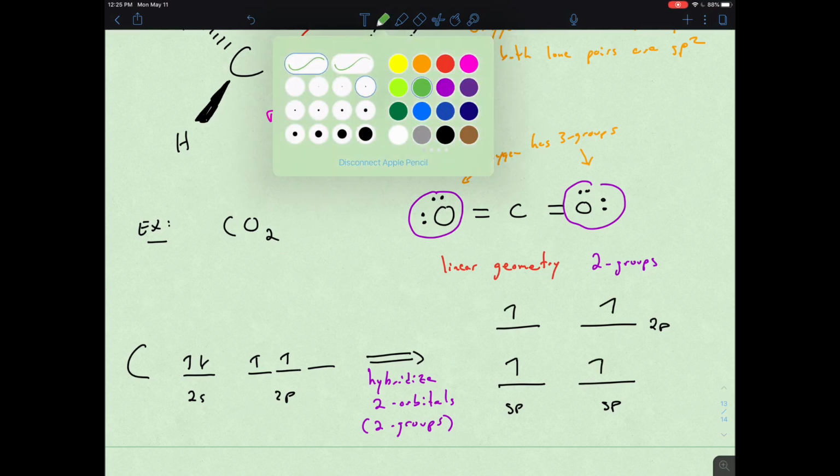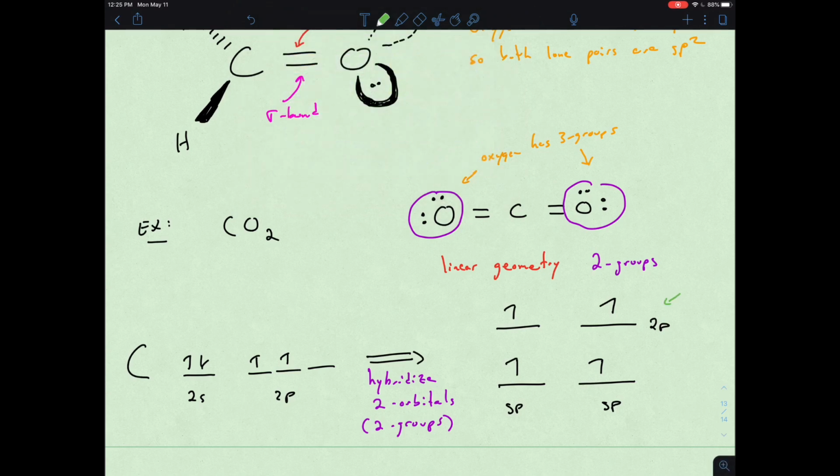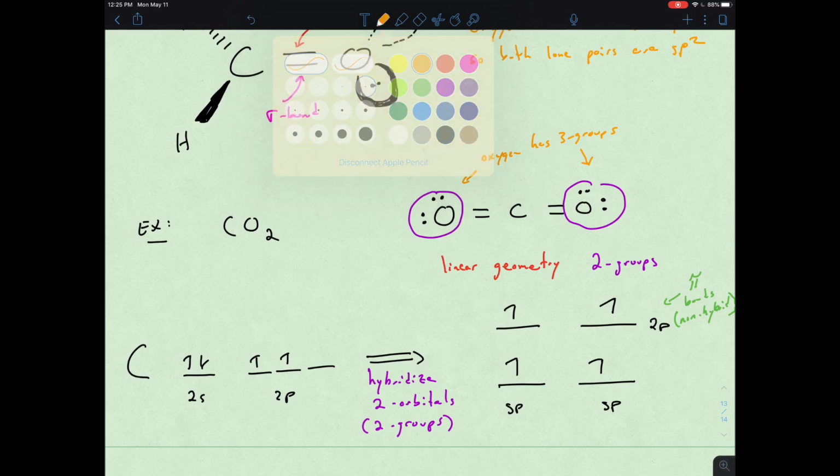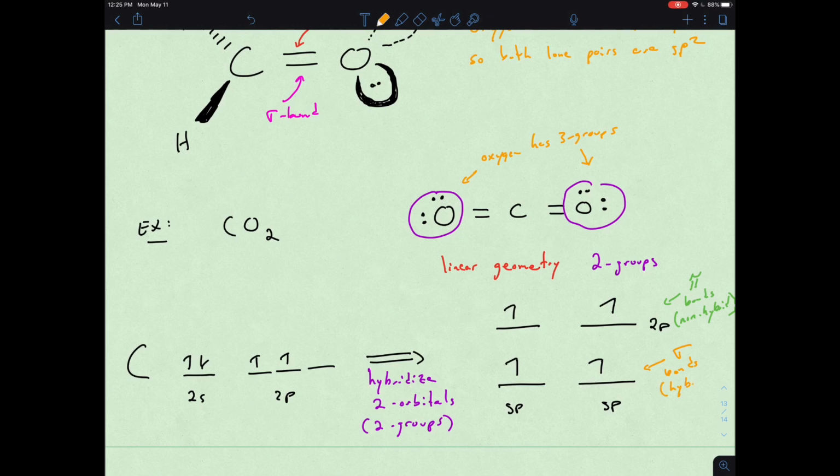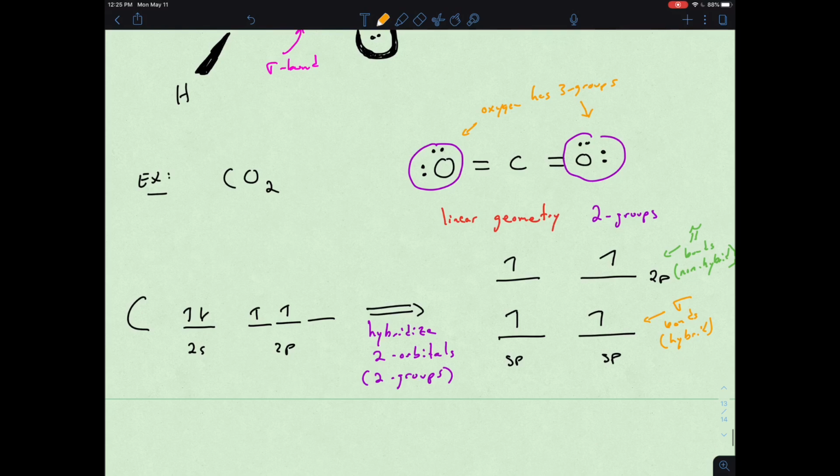So here is where our pi bonds are going to be coming from. Again, these are the non-hybrids. And then we have our sigma bonds down below, and those are from the hybrid orbitals that we have there with the sp hybridized.